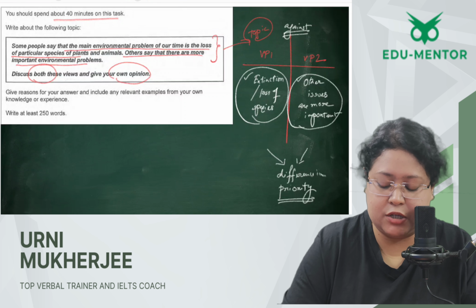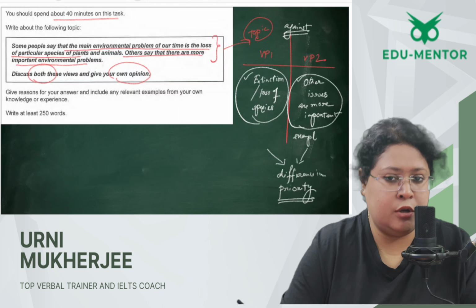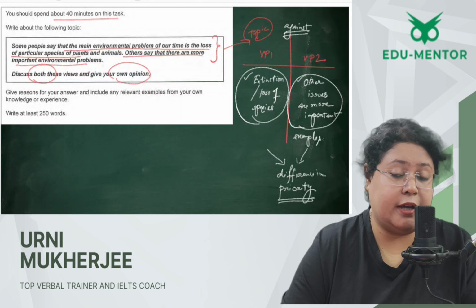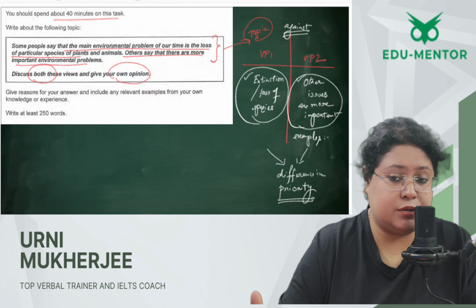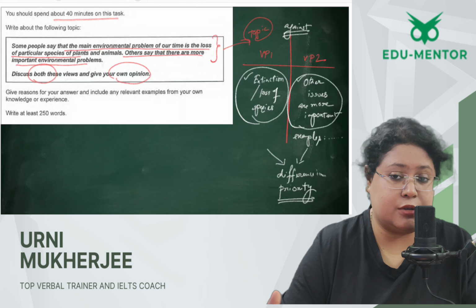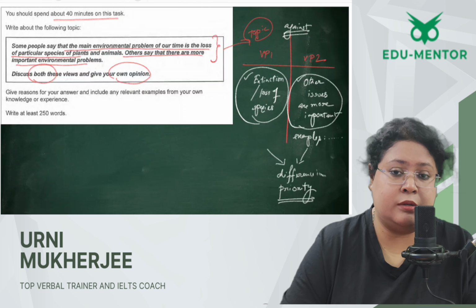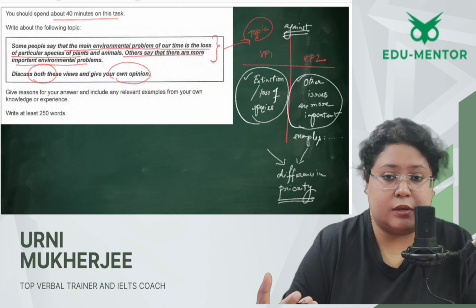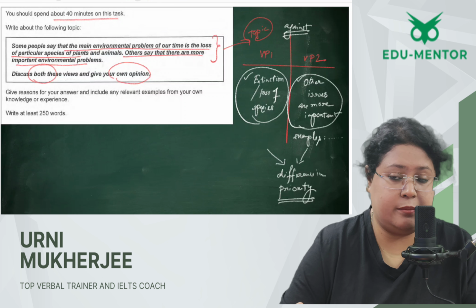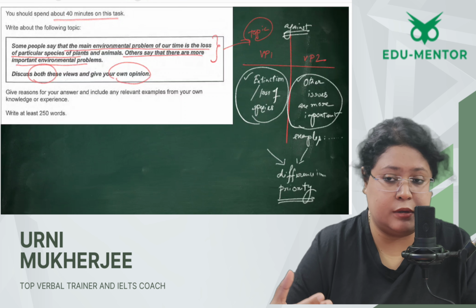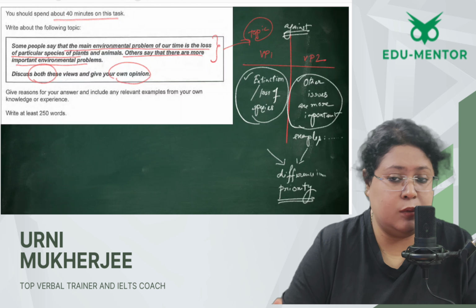if you would be prioritizing the loss of species or the extinction as your major environmental concern, or if you would be saying that, oh no, there are other concerns like environmental issues related to pollution, related to maybe the overconsumption of resources, right? Maybe deforestation, maybe climate change, global warming, right?